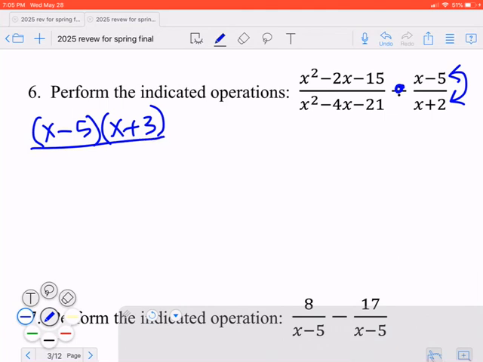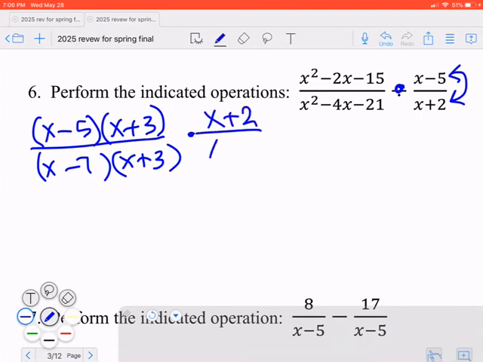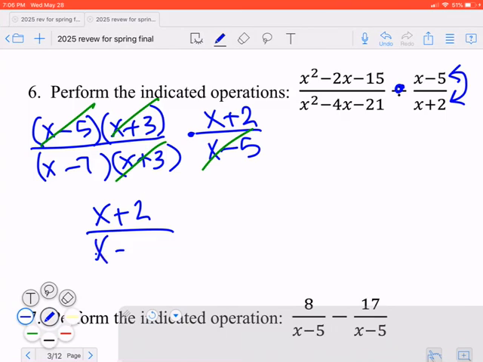And the denominator, that would be x minus 7, x plus 3, times x plus 2 goes to the top, x minus 5 to the bottom. And the x minus 5's cancel, the x plus 3's cancel. Final answer, x plus 2 over x minus 7.